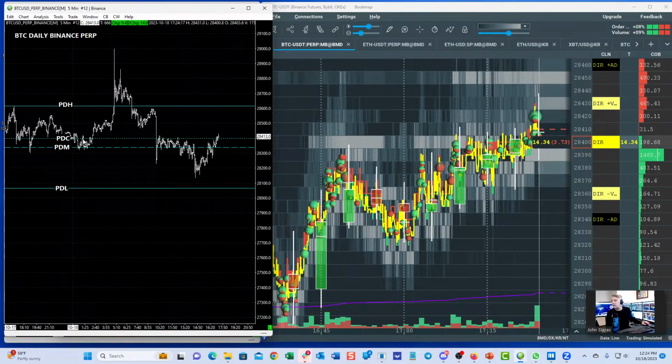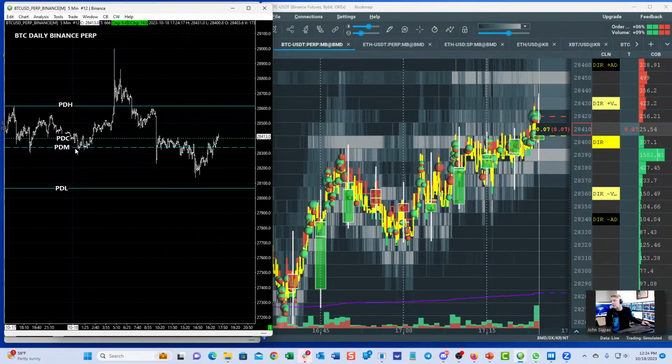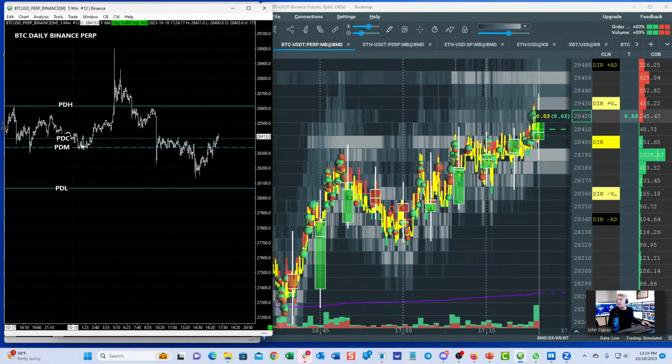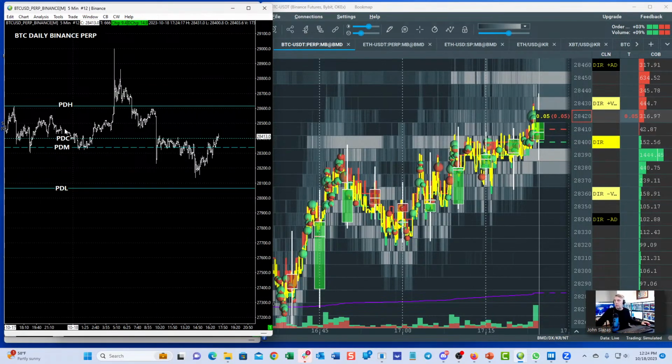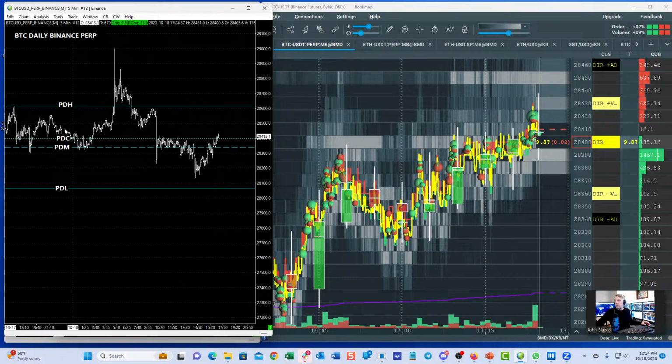If the market's trading above the previous day's close, it's positive. Below it, it's negative. I like to use the midpoint. You can think of the previous day's midpoint as yesterday's VWAP. I like to use the current VWAP as well. Those are all great factual benchmarks to incorporate into your trading, to get a sense of understanding of what the market's telling you it wants to do.